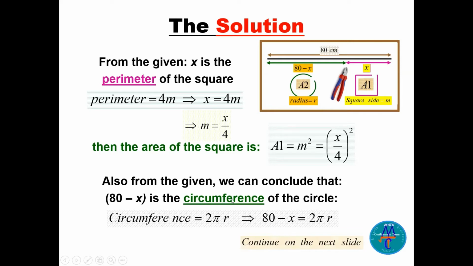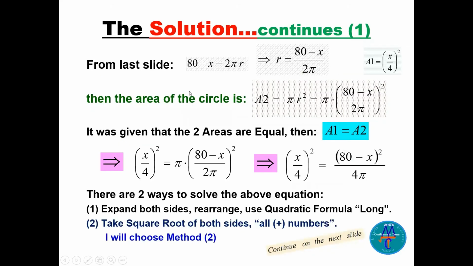This is the distance around the circle. By the formula, the circumference is 2 pi r, so 80 minus x is equal to 2 pi r, where r is the radius. So r is 80 minus x divided by 2 pi.